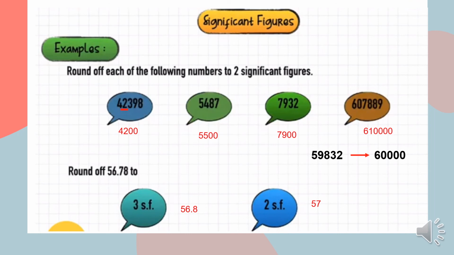The calculation is going to be the same as what you have learned previously, but you have to round off to the significant figures the question asks you. For example, find the area of so and so and leave your answer in 4 significant figures. So you have to know how to convert it, if you get the answer in decimal, to 4 significant figures, and also for integers.